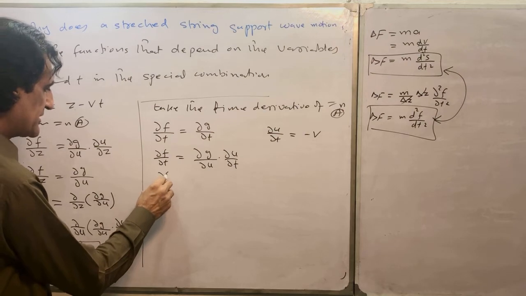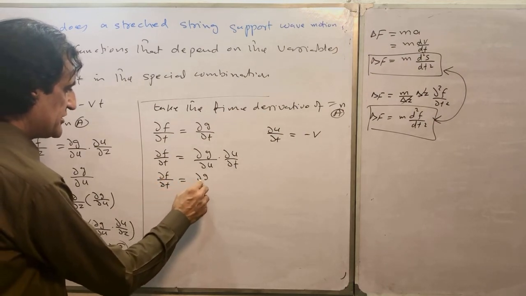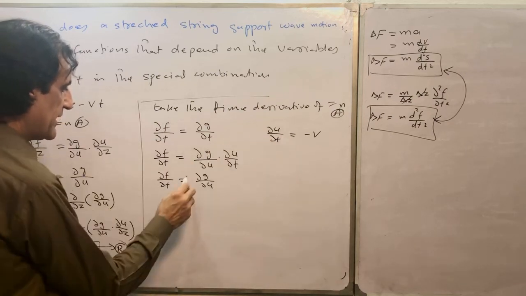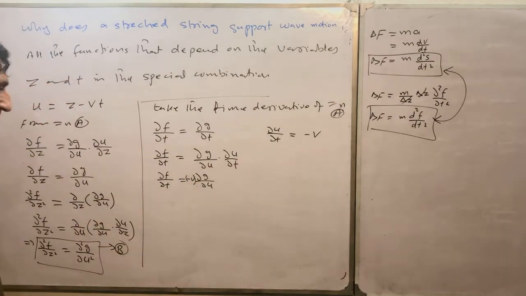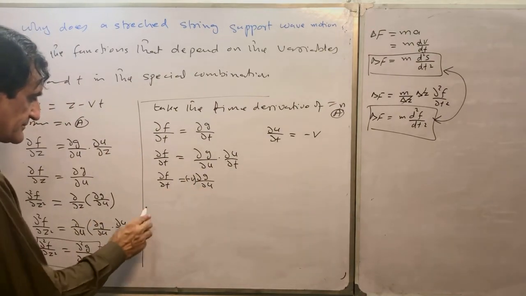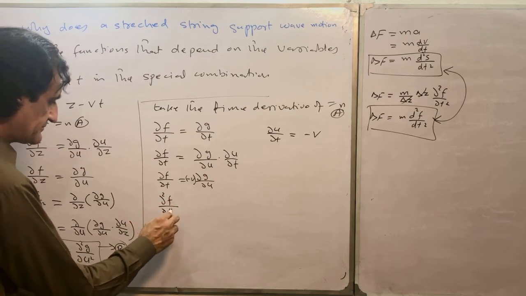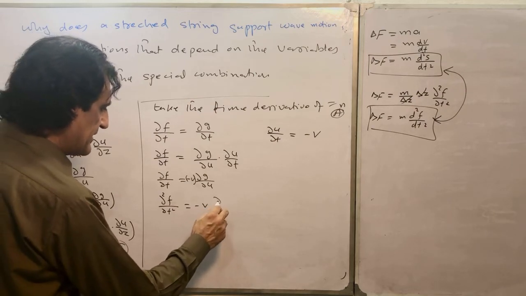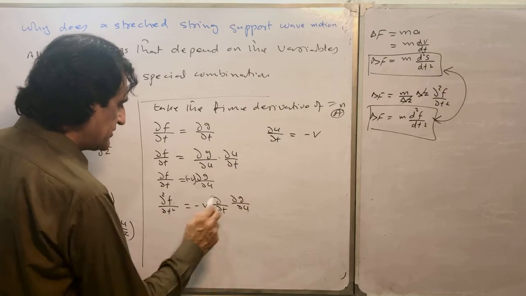Putting the value, partial f divided by partial t is equal to partial g divided by partial u, and this has the value minus v, so I will write down here minus v. And again differentiate with respect to time, then this will be minus v, partial divided by partial t of partial g divided by partial u.